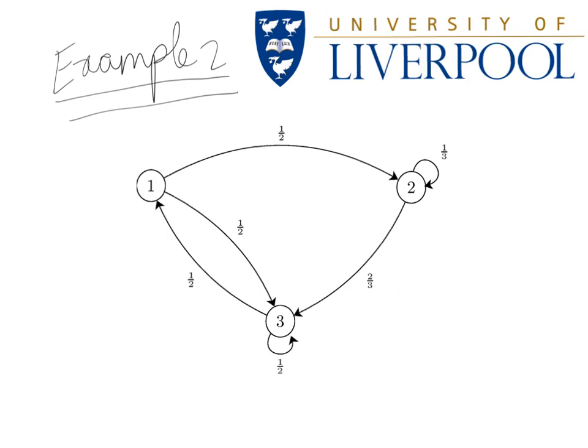We now wish to consider a continuous time Markov chain with the following jump chain, but with holding time parameters lambda 1 equals 2, lambda 2 equals 3, and lambda 3 equals 4. Well, notice again that the chain is irreducible, and now we follow the same steps.